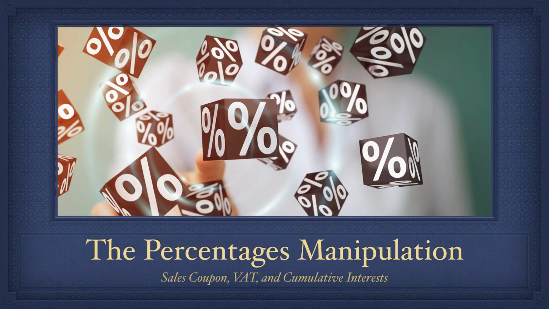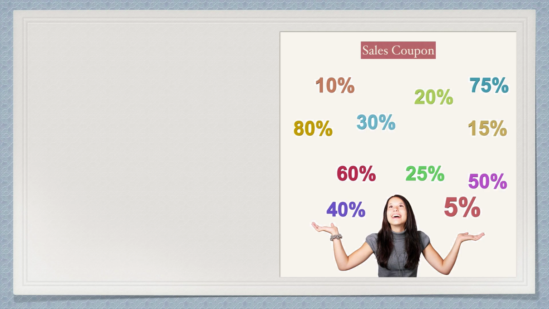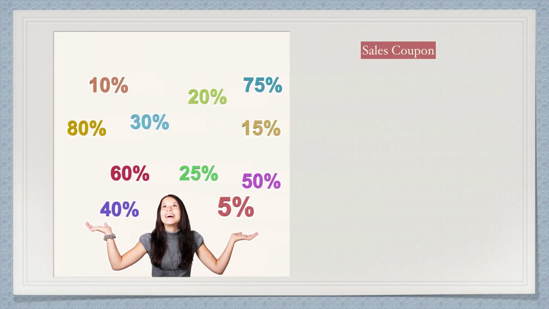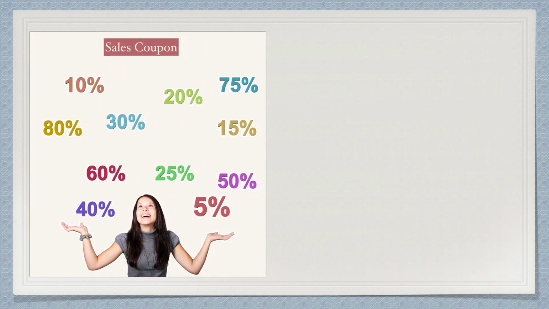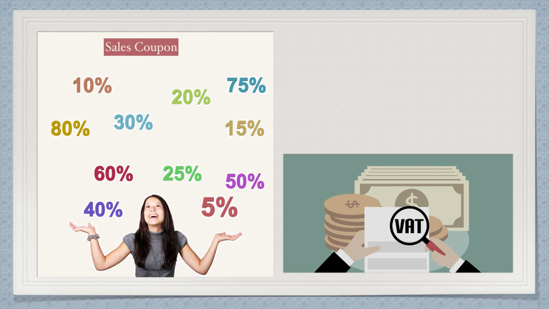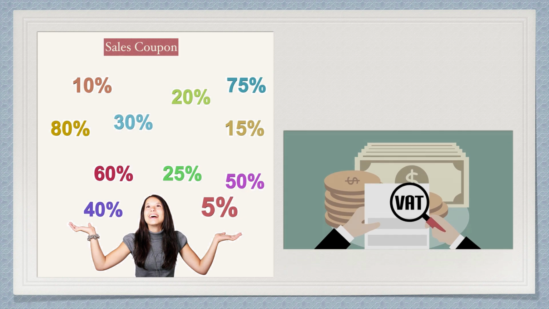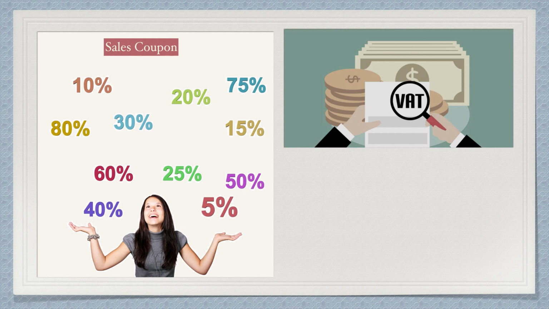May it be with sales coupon, VAT calculation, and cumulative interest for a financial placement, the percentages manipulation is everywhere in our life. We are happy with sales coupon, minus 10%, minus 60%, etc. We are unhappy with VAT, but it's the law.